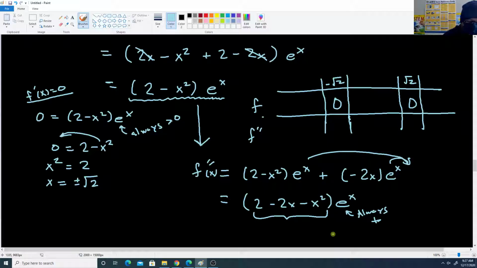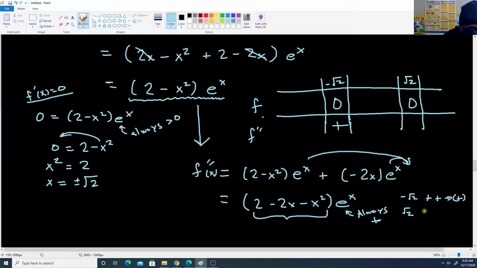And I get a positive number back, so it looks like I'm positive here. So when I put negative square root of 2 in, the bracket becomes positive, e to the x is positive, which says I get a positive value back.